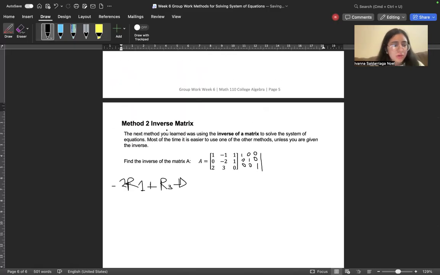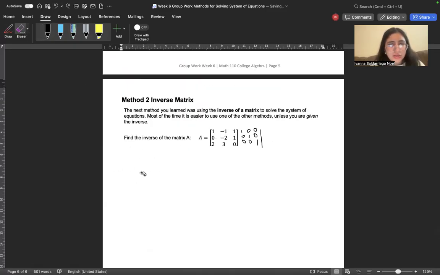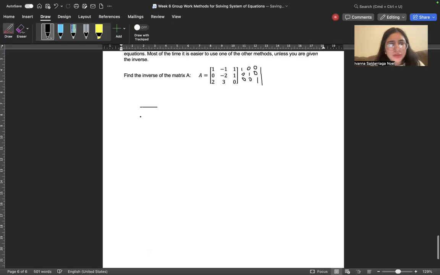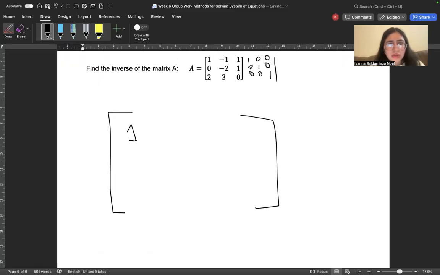So the first one was what I did here is R3 minus 2R1. So basically I'm gonna draw this big. This is 1. This is the inverse. 0, 0, 0, 1, 0, 0.